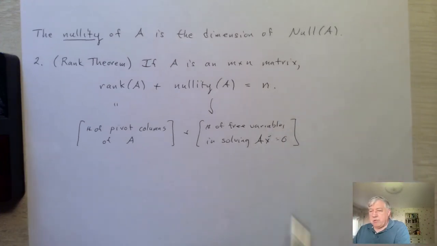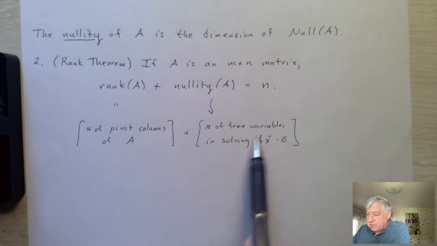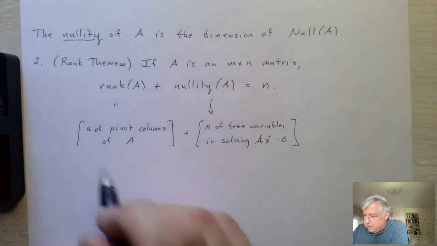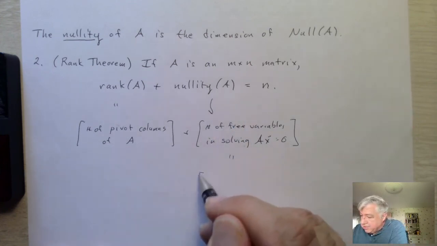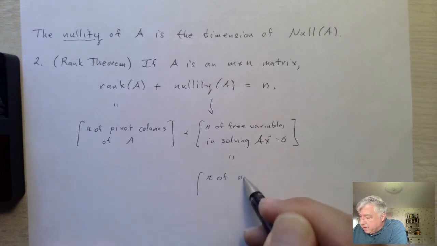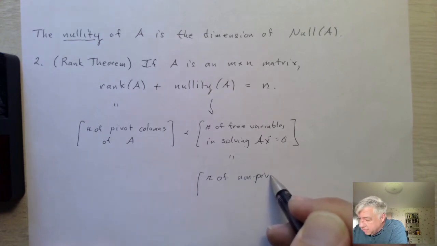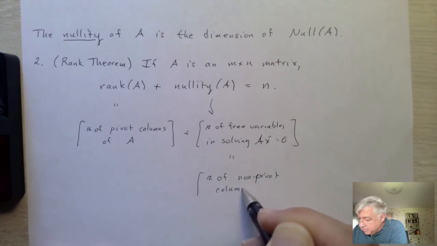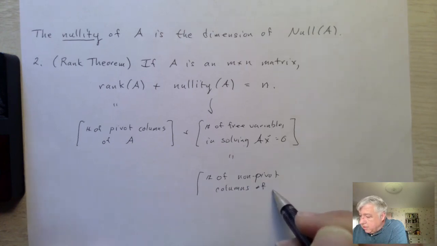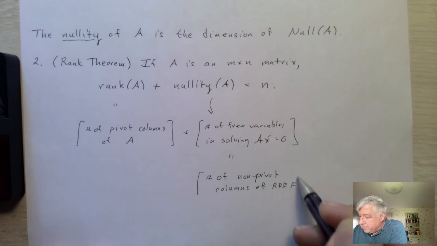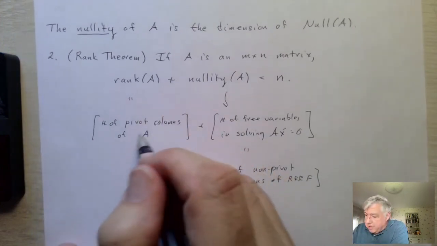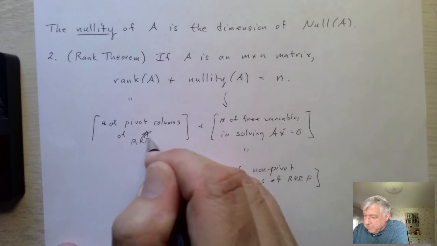Remember in the previous example we had one free variable, so the nullity was 1, and we had exactly one vector in the basis, right? So the number of free variables is the nullity, but this is also equal to the number of non-pivot columns of the reduced row echelon form of A.